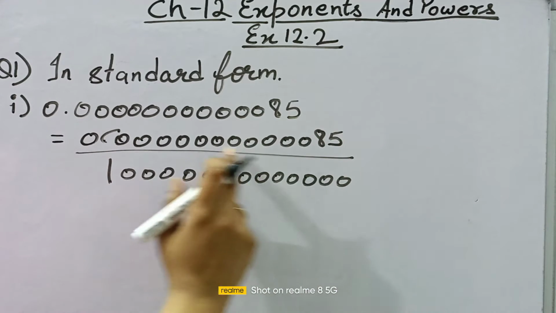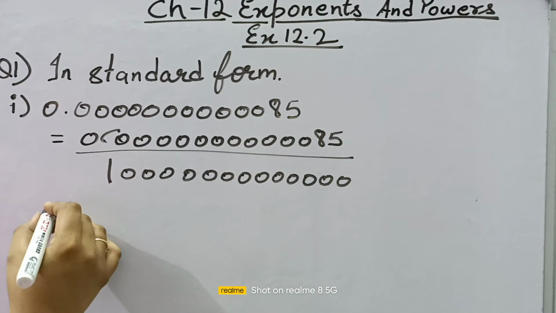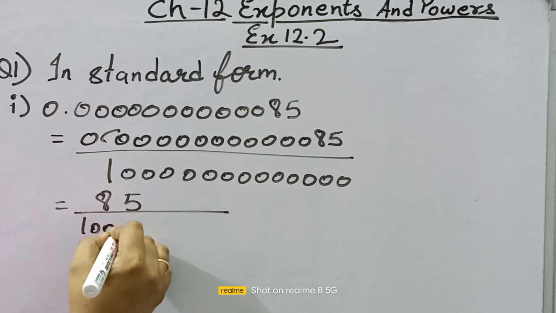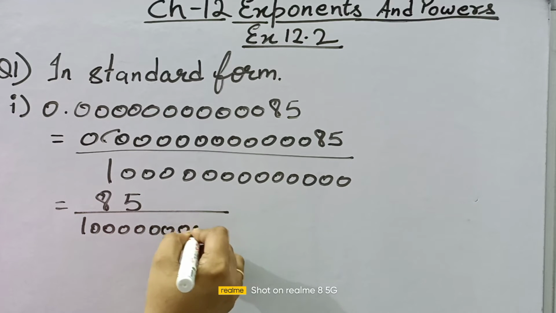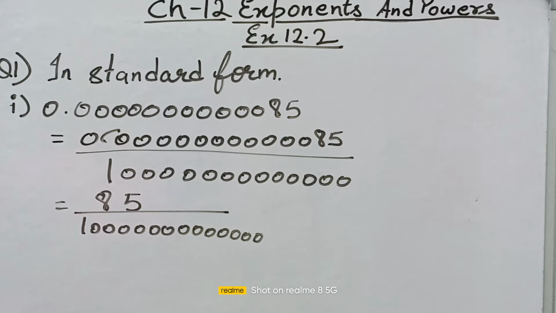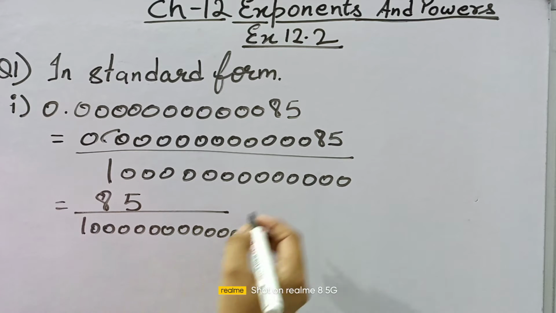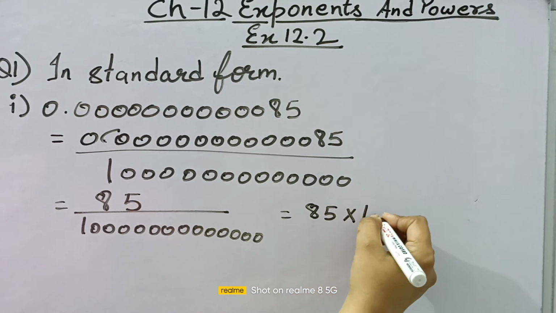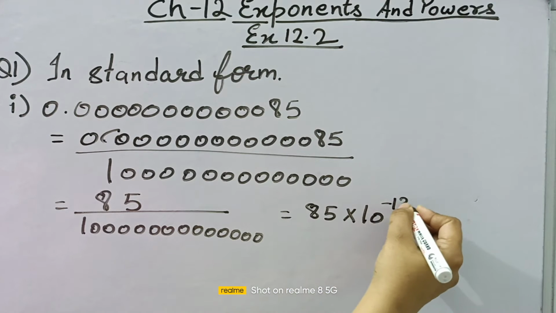Now this number is in denominator, so we will write it as 85 upon this. Now since it is in denominator, we can write this in terms of exponent in numerator with negative integer exponent. So it can be written as 85 multiplied with 10 to the power minus 13.